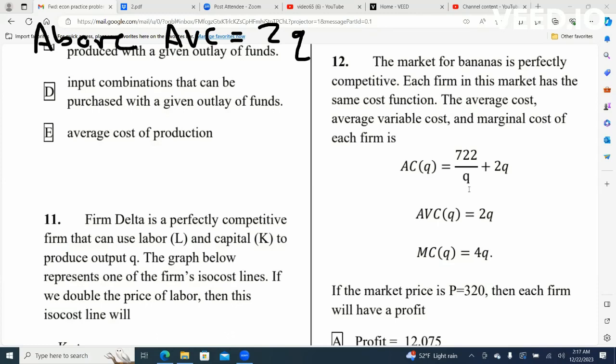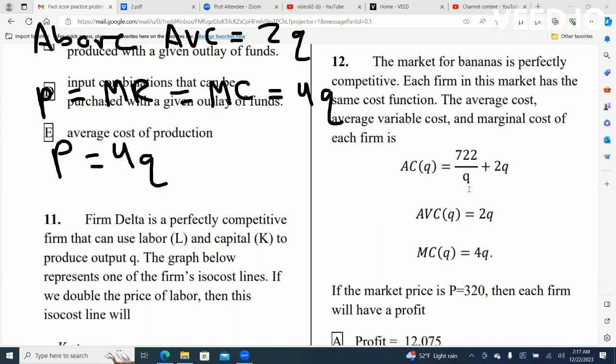We are in perfect competition, so the price is going to equal the marginal revenue, which is going to equal the marginal cost, which is 4Q. So we have price equals 4Q, which is going to equal 320.